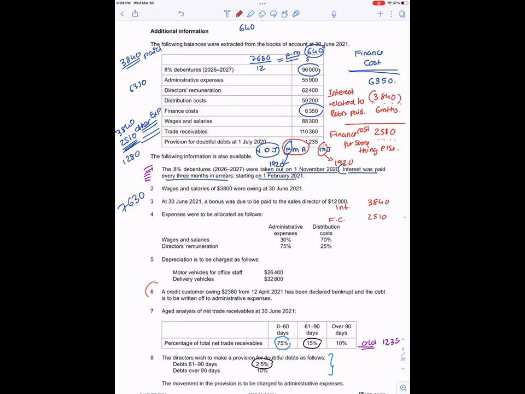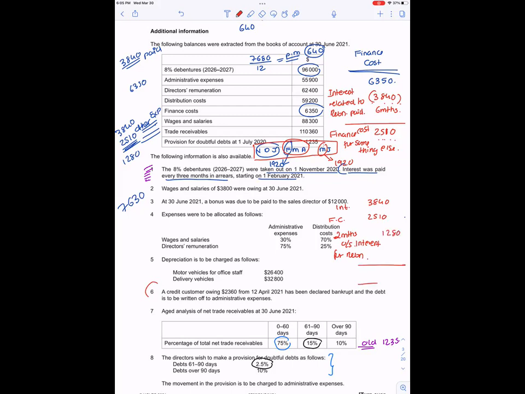But I have used the debentures for 8 months. That means 2 months outstanding interest is also there for debentures, which is 640 into 2, 1280.